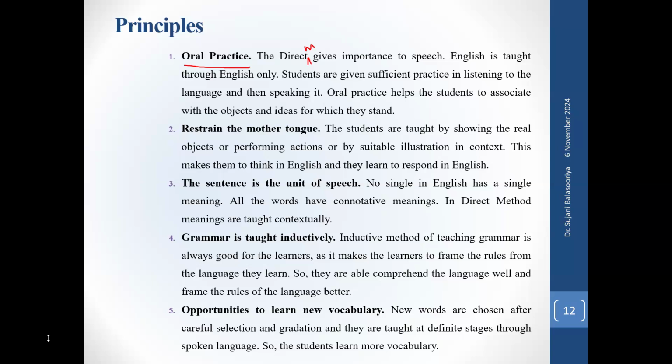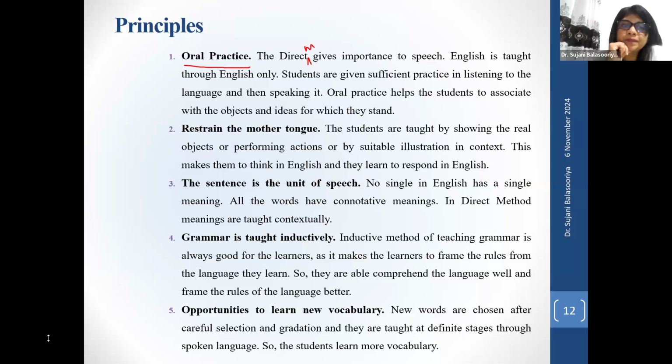Without using their mother tongue, they should try to understand. They should acquire the English knowledge, and with that knowledge they should communicate with the teachers and others. Okay, right. That is the idea.